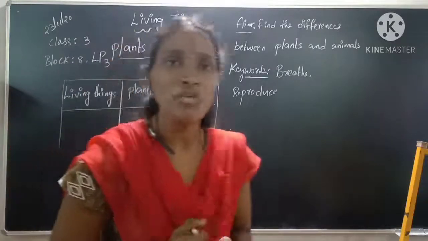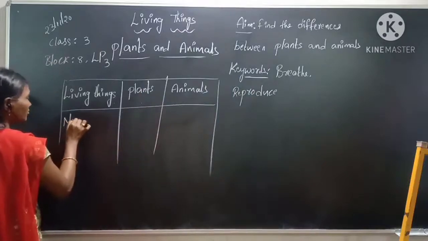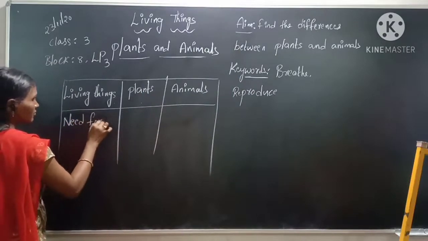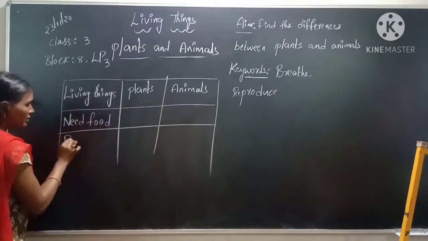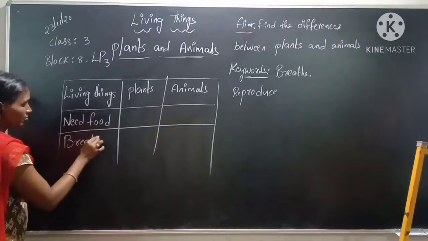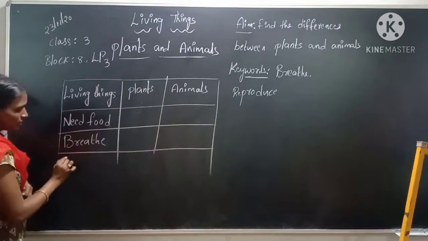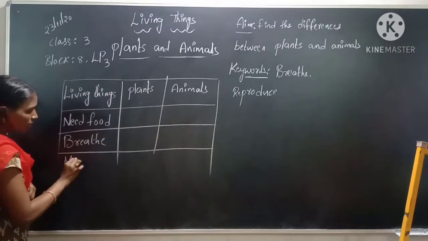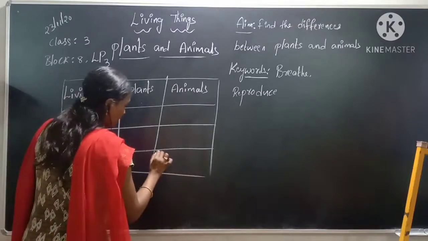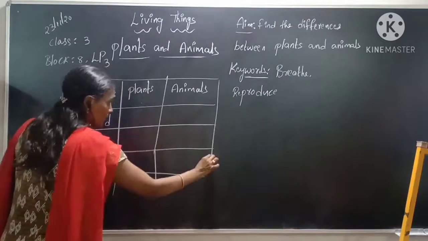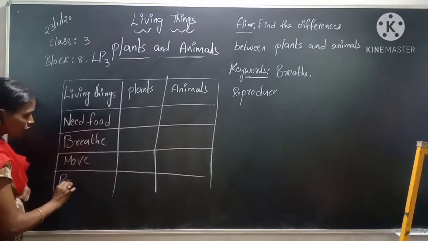Can you tell me some features of living things? Yes, living things need food, and they can breathe, and one more thing, they move from one place to another place, and reproduce.